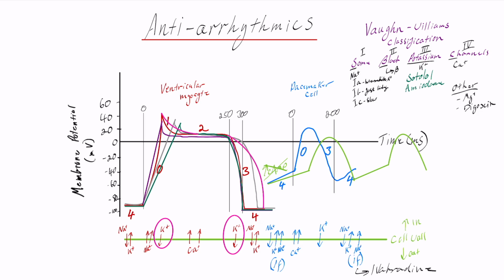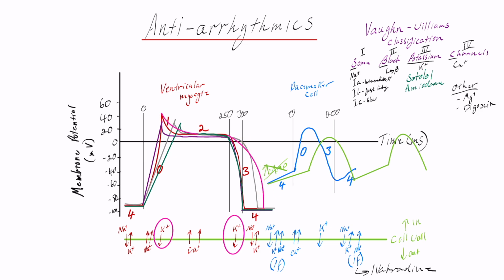But because of them increasing your absolute and technically your relative refractory period here, they have an anti-arrhythmic effect in that they can break the pro-arrhythmic source by slowing down the way in which the ventricular myocyte can actually repolarize, because the longer it takes to repolarize, it will spend more time in the absolute refractory period, which is about to here, and in the relative refractory period, which is to here.